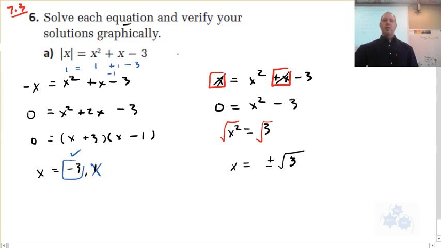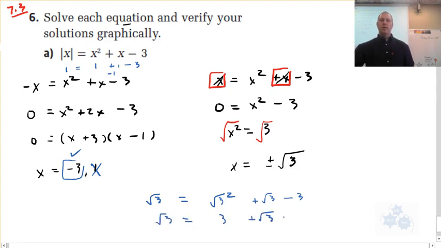And then over here, the square root of 3, so root 3 squared plus root 3 minus 3, that should equal root 3. Is that true? Well, we have root 3, and root 3 squared is 3. 3 minus 3, yeah, that seems to check out. Negative root 3, well, we have an absolute value, so an absolute value can't really equal the negative.